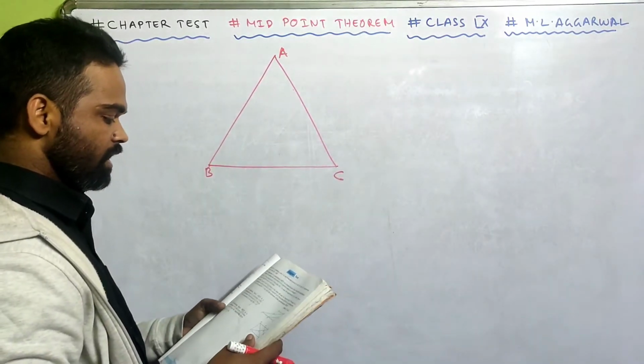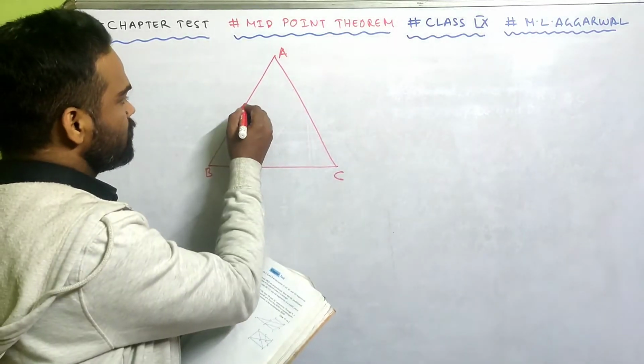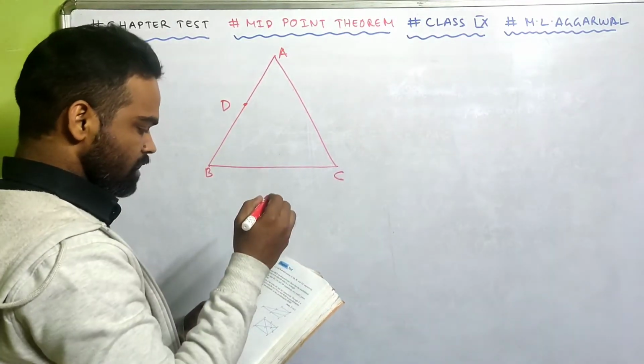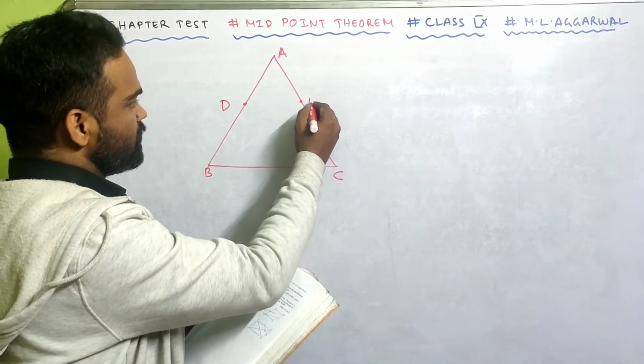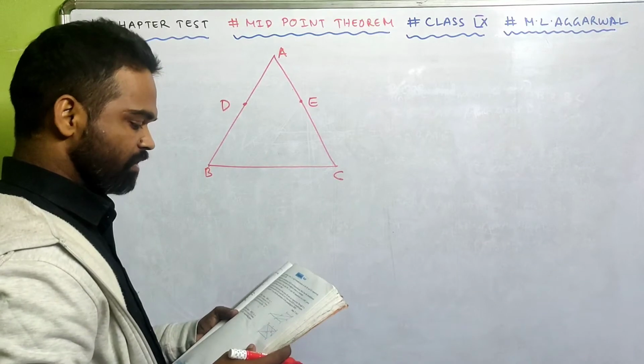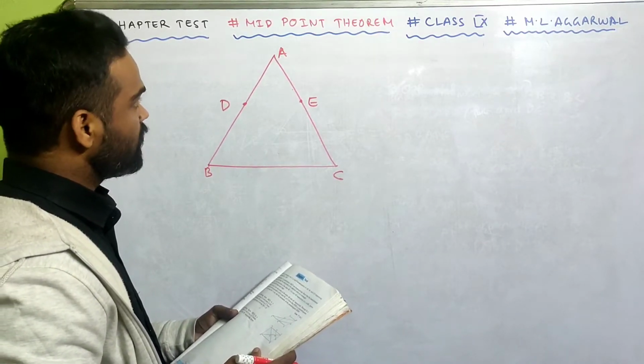Look carefully. In triangle ABC, D and E are midpoints of AB and AC respectively.